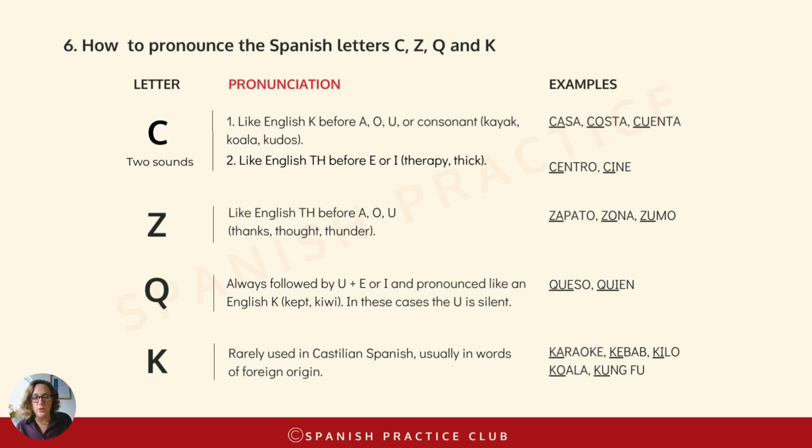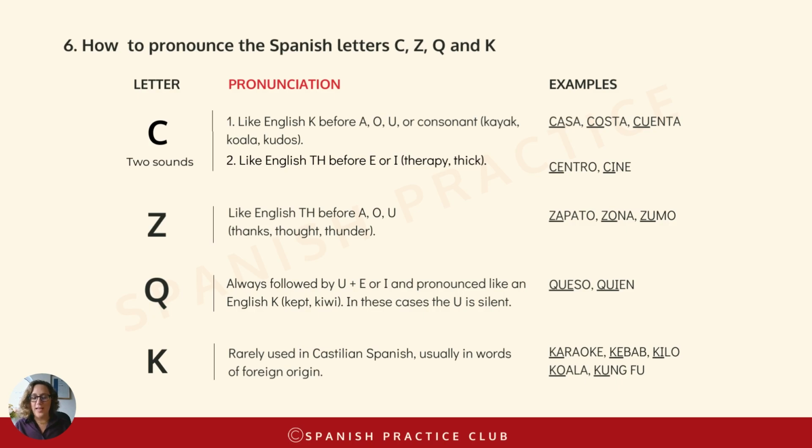So we use the Z in Spanish to help the previous letter pronounce other words in the Spanish vocabulary. The letter Z sounds like the English TH before the vowels A, O, and U, like in thanks, thought, or thunder. As such, we have zapato, zona, and zumo.